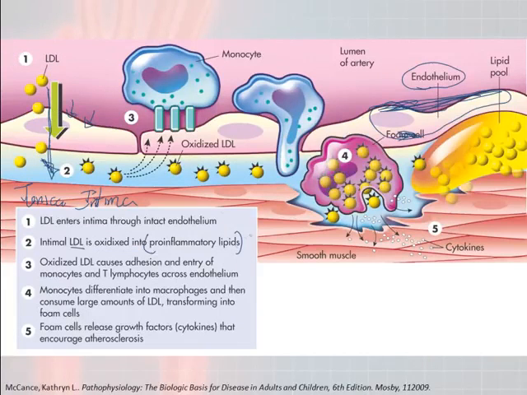These pro-inflammatory lipids then cause the adhesion of a white blood cell called a monocyte. Once this monocyte adheres to this endothelial lining right here, because remember, those substances are no longer being released, it will then differentiate, or change from a monocyte into something called a macrophage.